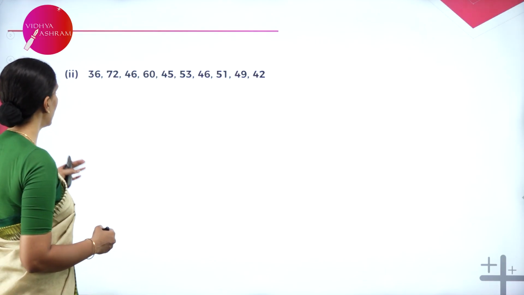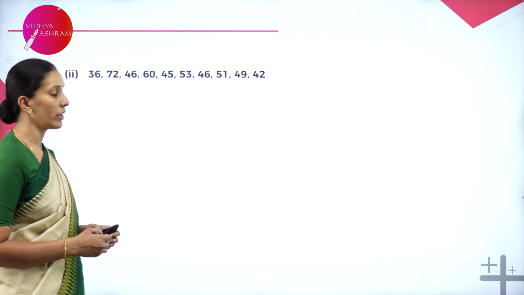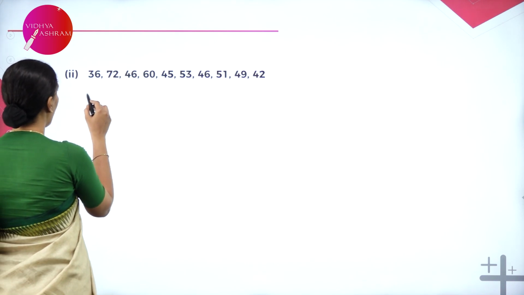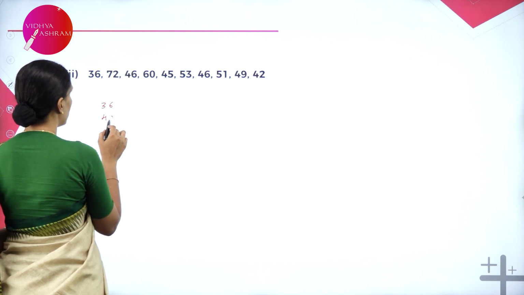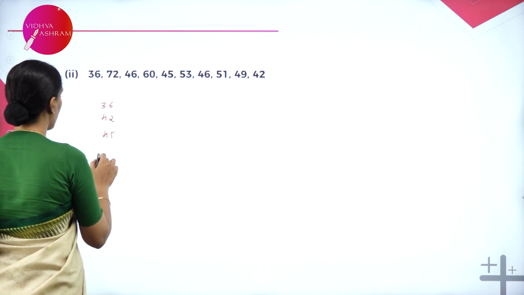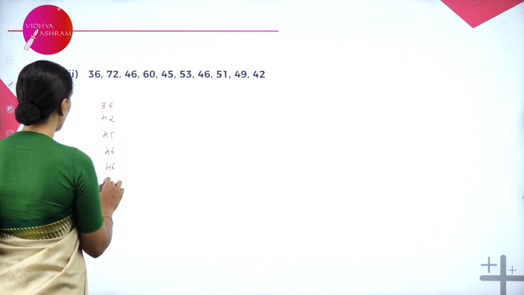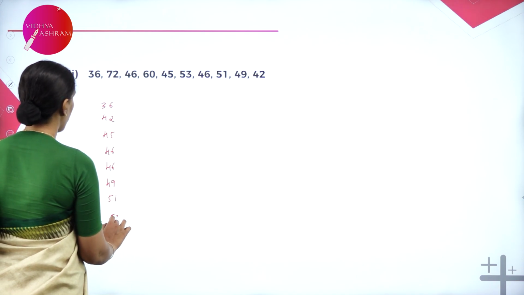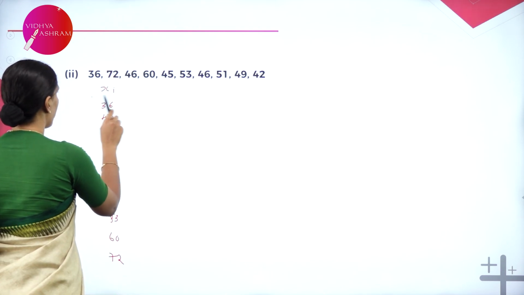Next again we have 36, 72, 46, 60, 45, 53, 46, 51, 49, 42. So first let us arrange the data here. So first we have 36, next we have 42, 45, 46, 46, next is 49, 51, 53, next we have 60, next we have 72. So these are xi.